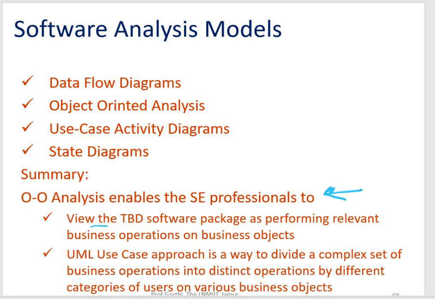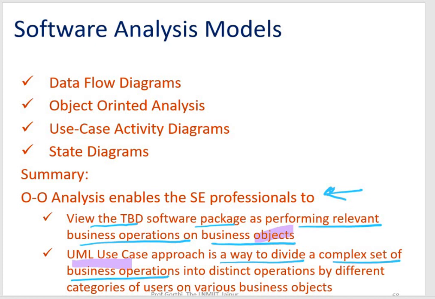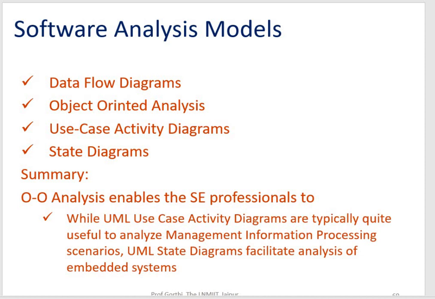The data flow diagrams enable the software engineering professional to analyze the flow of data in the to-be-developed software in a top-down way. It identifies the input and output data elements, the data stores, and the unit level processes that transform input data into the output.